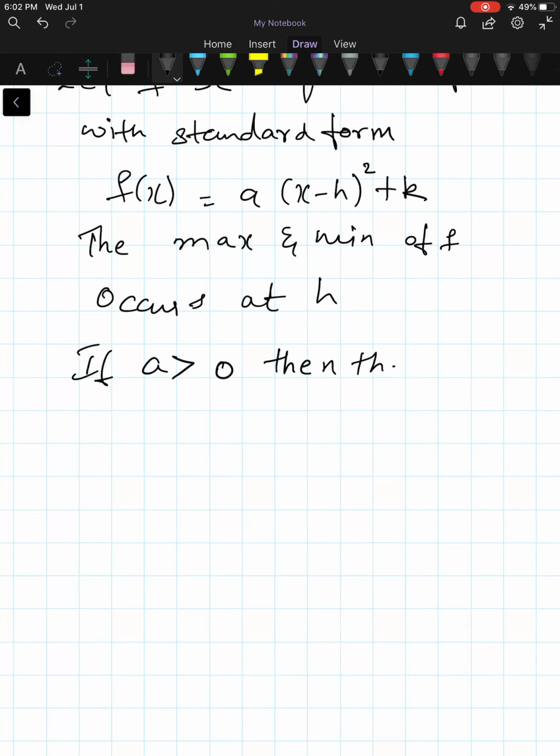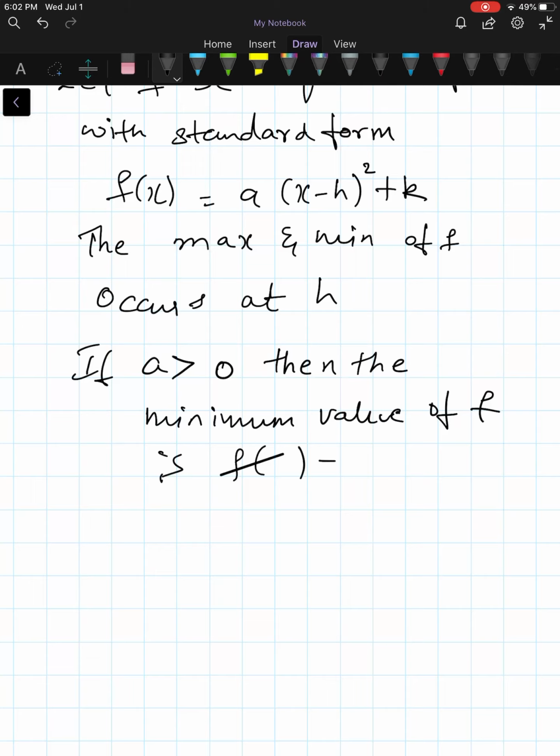So the minimum value of f is f of h, which is equal to k.